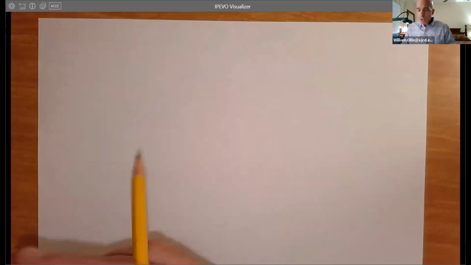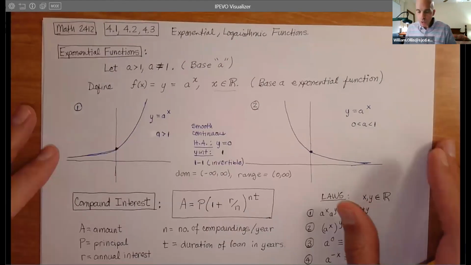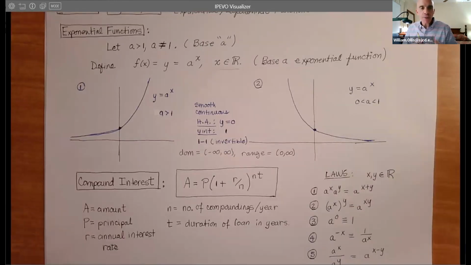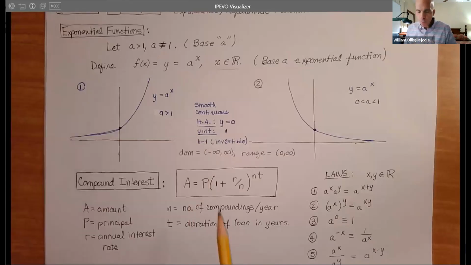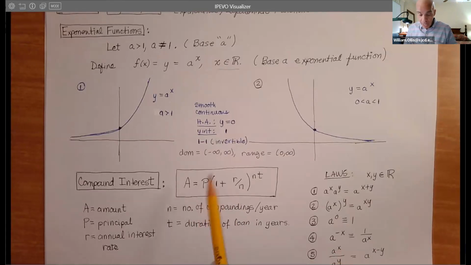Now, I wanted to mention, lots of you, when you take your college algebra course, your professor will say, okay, well, now we're going to do some interest problems, but basically these are just exponential functions. So you remember this formula for compound interest from college algebra. And why is it exponential? Well, if you remember what all these letters mean, we have an amount for a transaction.